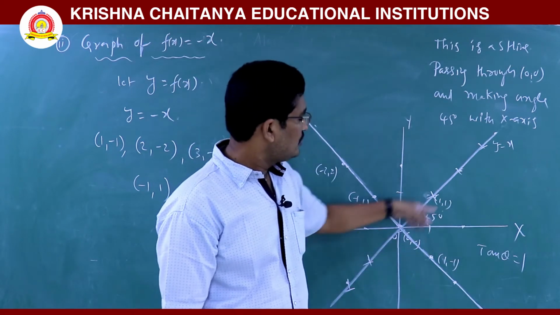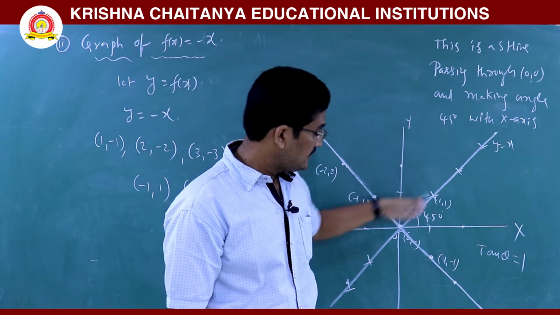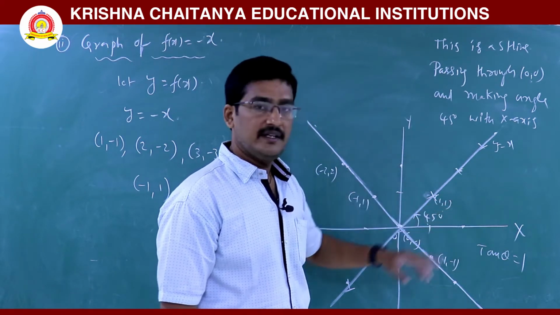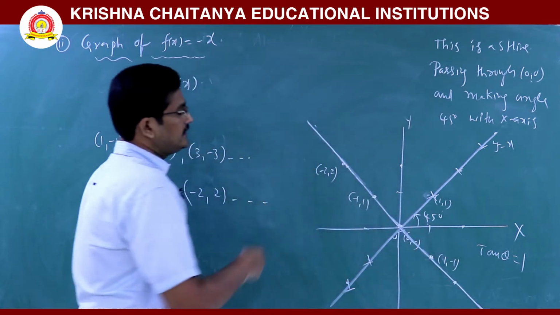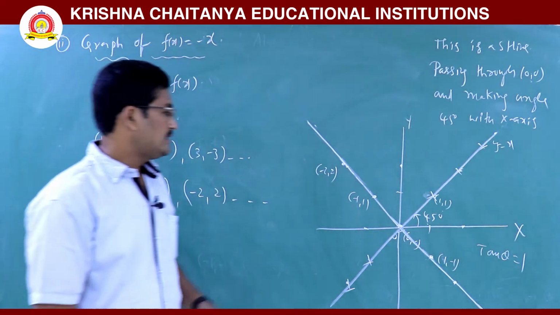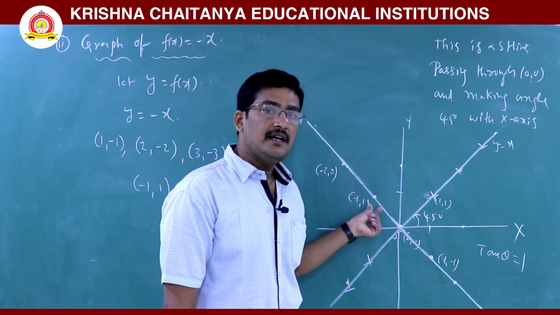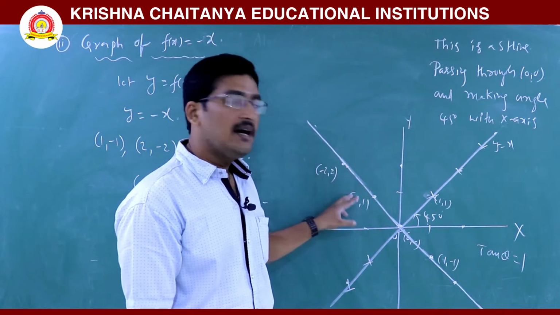In the line y equal to x, all the ordered pairs, all the points lying along this line, have abscissa equal to ordinate. In the line y equals minus x, so many points are there, all having the same abscissa and ordinate in magnitude, but with opposite signs.